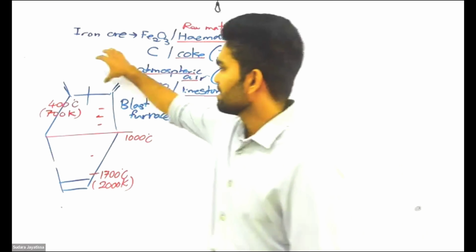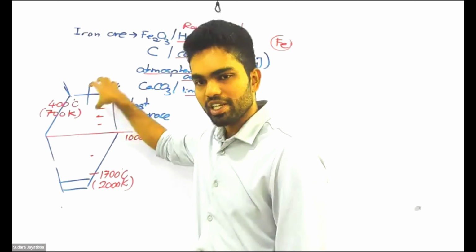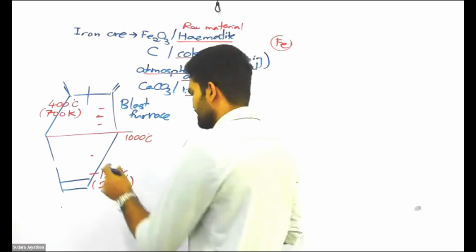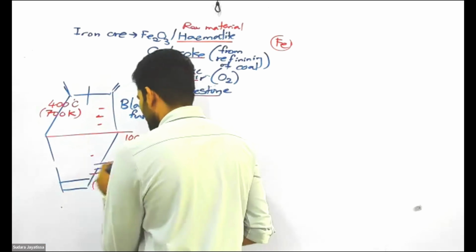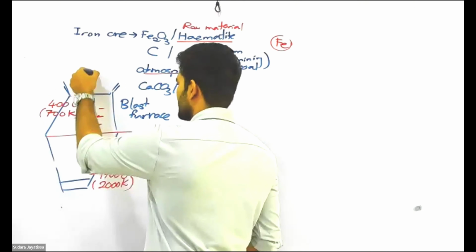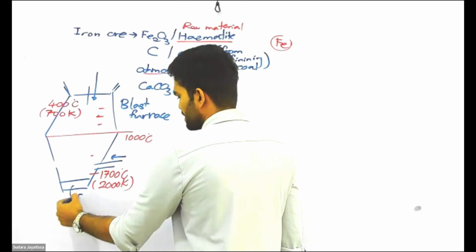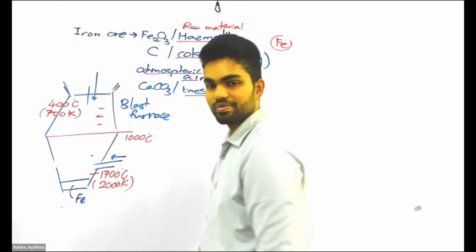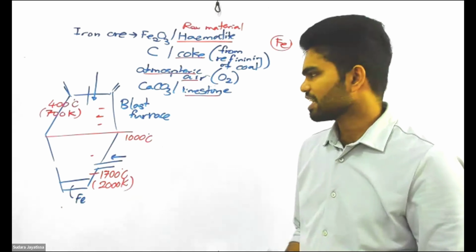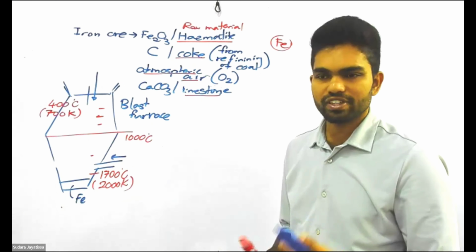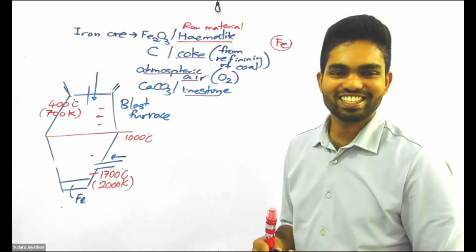We can insert solid raw materials from the top and gaseous raw materials from the bottom. We can continue to add them and obtain Fe from the bottom. Understand? It is continuously happening. It is working 24/7.